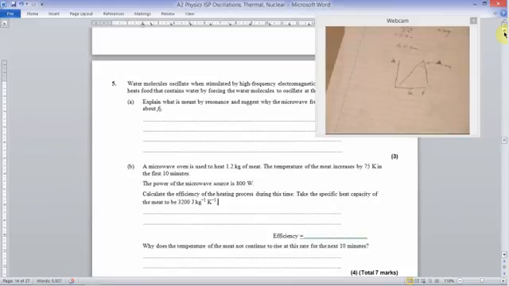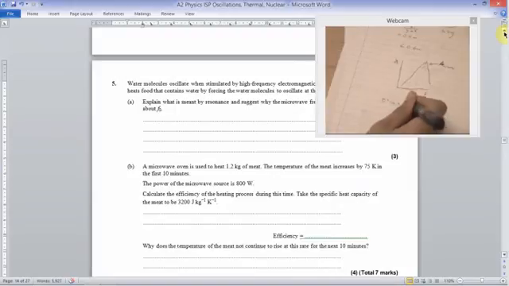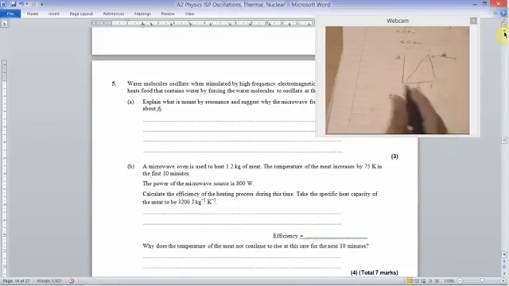Take the specific heat capacity of the meat to be 3,200 joules. Now, you might not have done thermal physics yet. However, in GCSE physics, we now cover the idea of specific heat capacity, so you should be able to do this from the equation E equals mc delta theta.